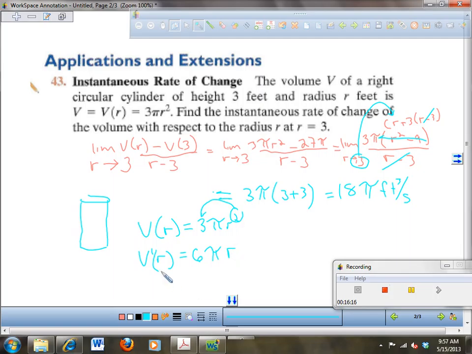Then if I want to take 3, because that's what they're asking, how fast is that changing where r equals 3? What do I get out? 18 pi feet cubed per second.